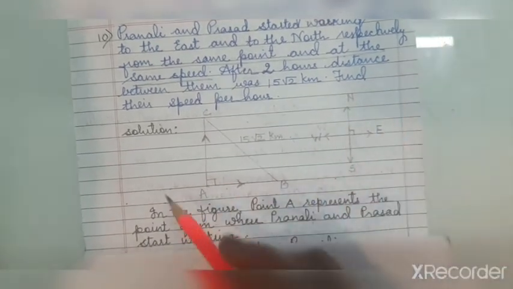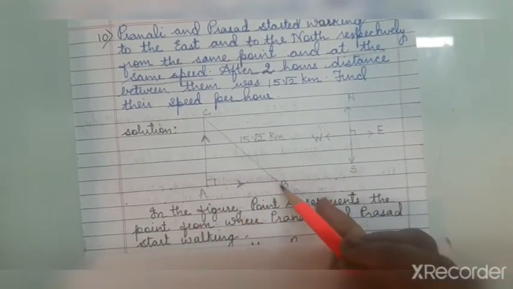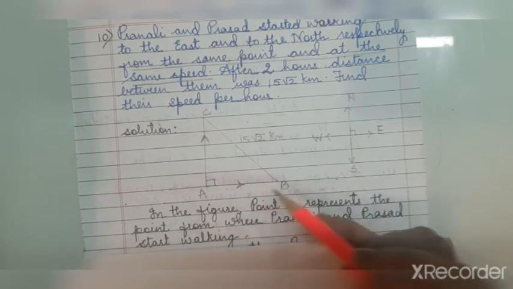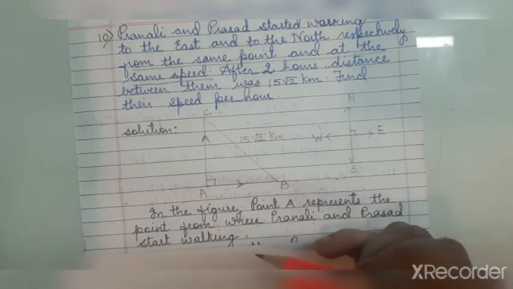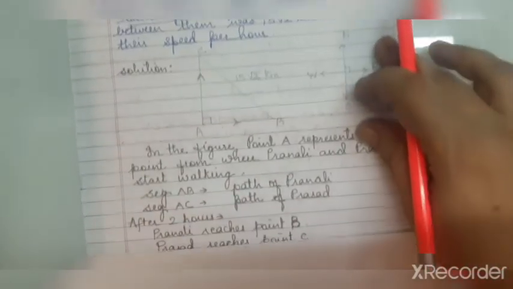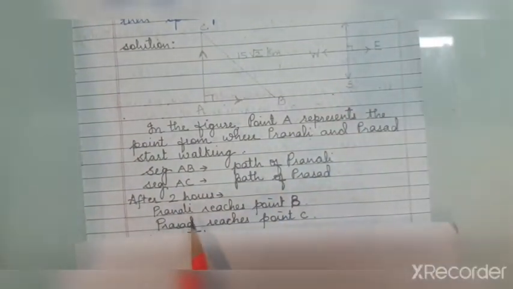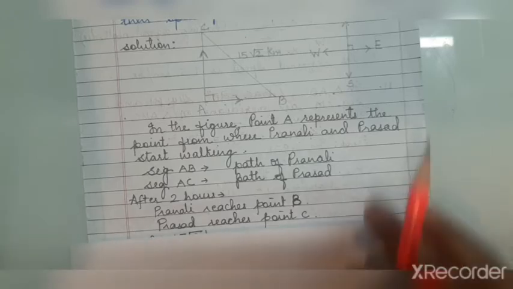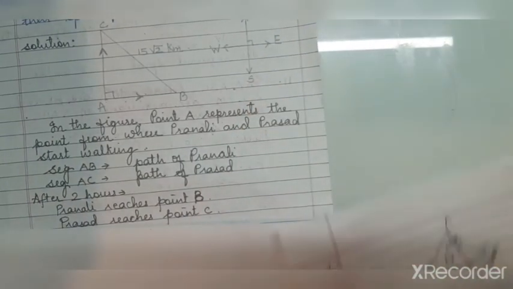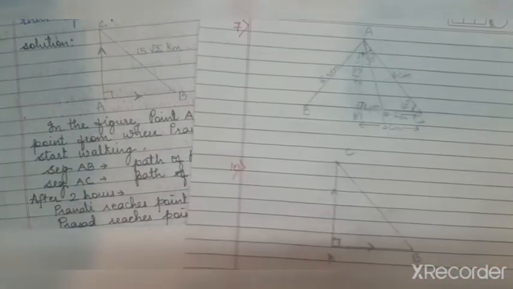Even if one is moving towards north and the other is moving towards east, wherever they reach, that particular distance from A will be the same. Further, after 2 hours, Pranali reaches point B and Prasad reaches point C. So I'll show you in the figure here.